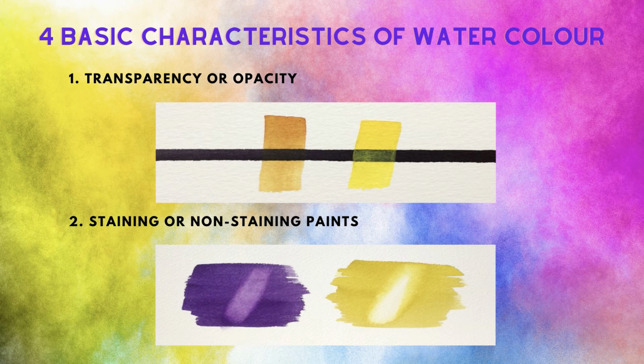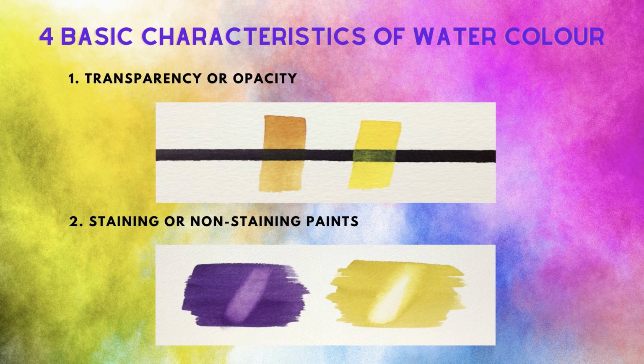It means that if you put any color on the paper and you want to take it off or rub it off, sometimes you will see stains on the paper, or sometimes it will be completely white. That depends on the characteristics of the paint which you are using, plus the quality of the paper. As visible in the picture, the first one shows the purple color, and after applying the color, I am wiping out a little bit of color from the paper.